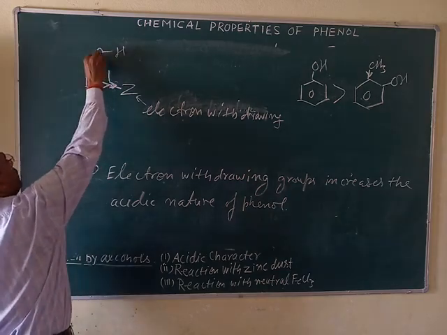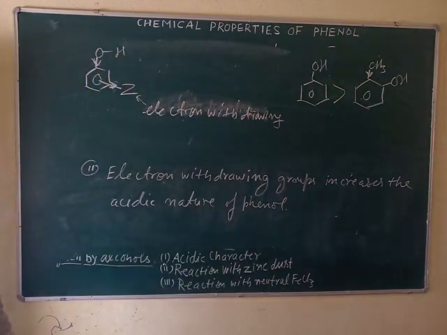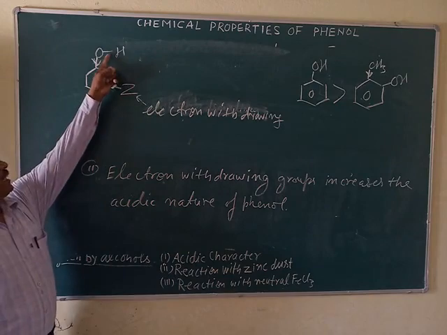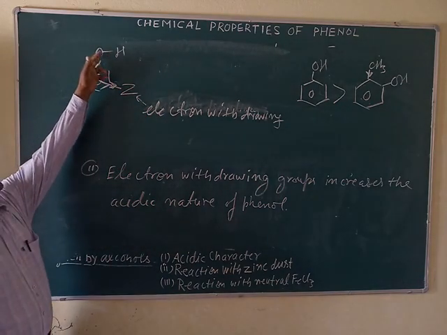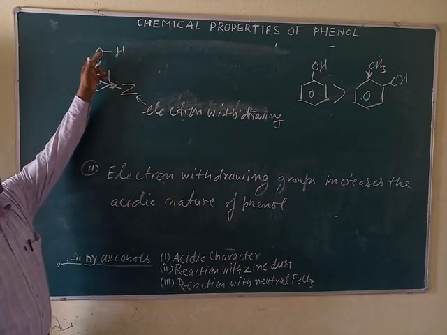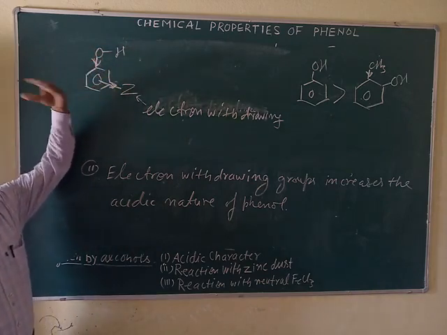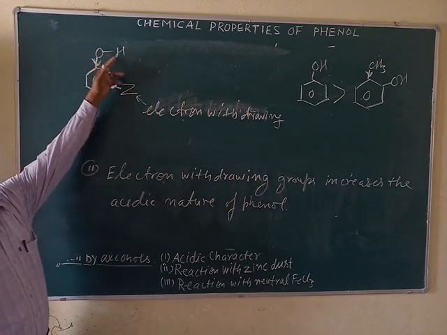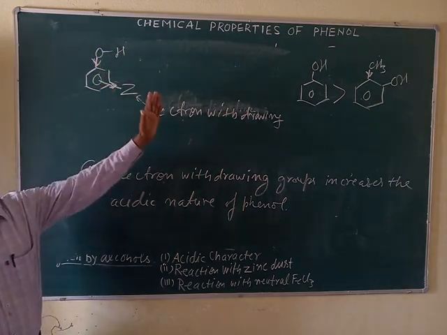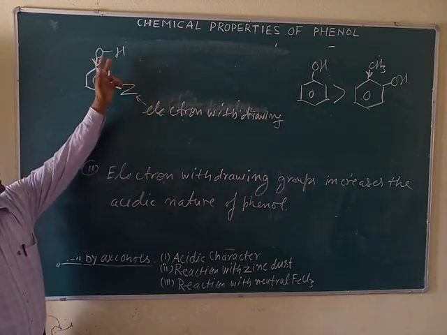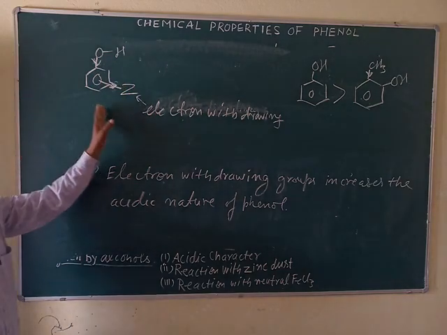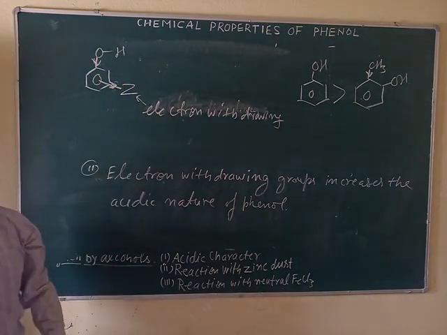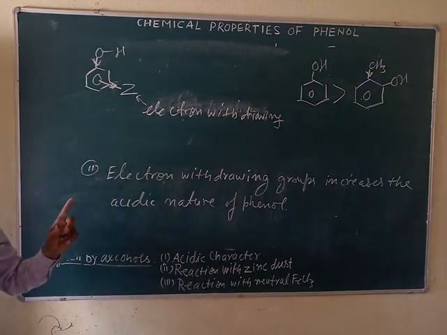As the electron density on the oxygen decreases, polar character of the OH bond increases. Means as soon as electron density on the oxygen atom decreases, its electronegativity value increases. That's why polar character between O and H increases. Hence, hydrogen is released as a proton more easily. That's why all the electron withdrawing groups increase the acidic strength of phenol.